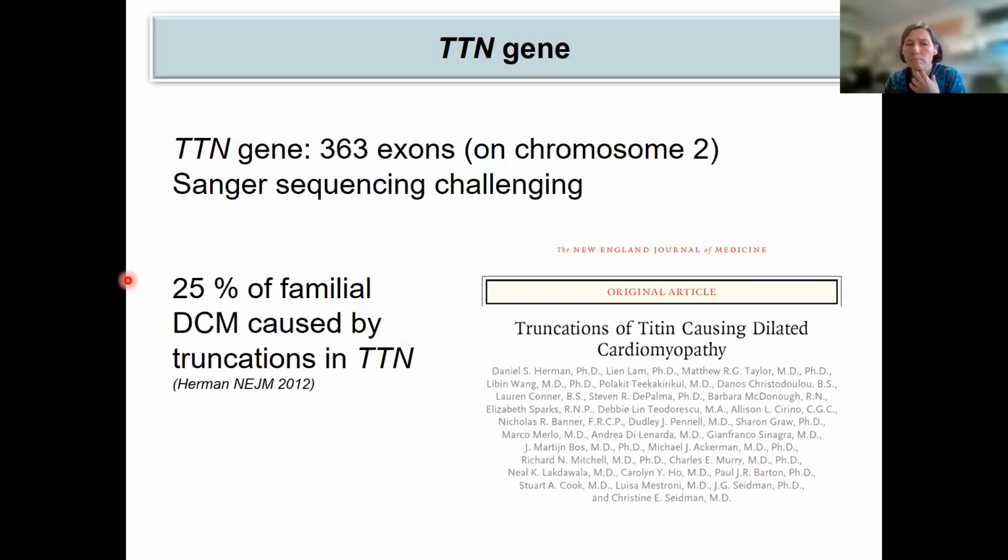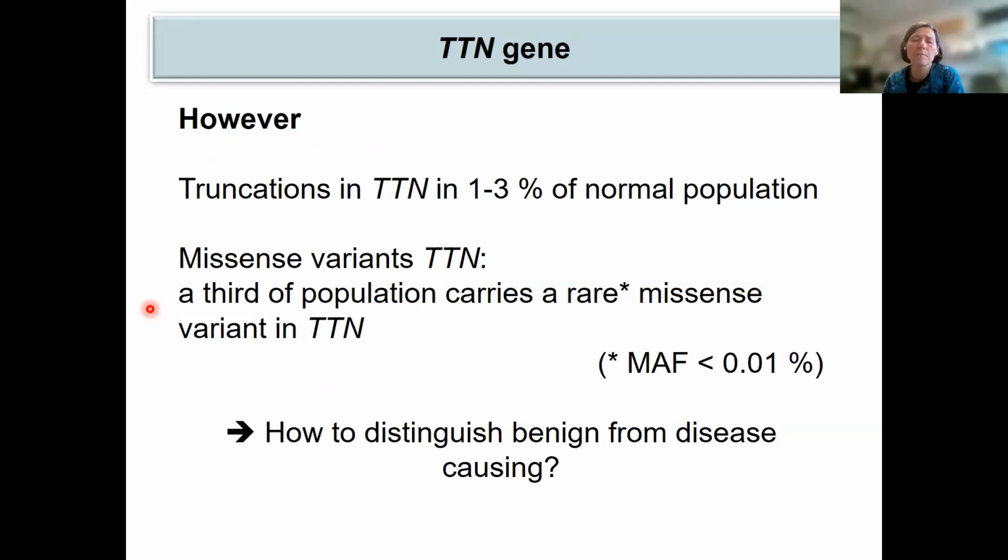And it was found a bit more than 10 years ago that up to 25% of familial dilated cardiomyopathy are caused by truncations in titin. And initially, this was met with quite a bit of skepticism because titin truncations were also found in normal populations at a low, but still quite high frequency, 1 to 3%.